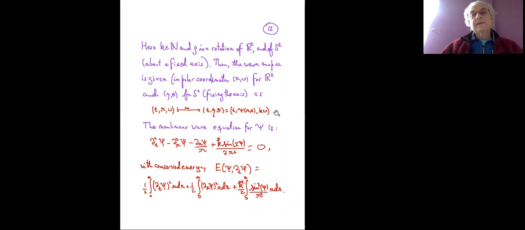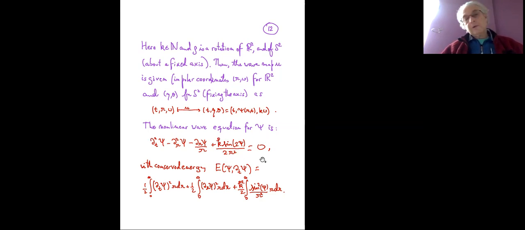Now you can then derive the corresponding wave equation for psi, and this is the following nonlinear wave equation. Second derivative in t of psi minus second derivative of psi in r minus first derivative over r of psi plus the nonlinear term, where k is the degree of times you go around, k squared sine of 2 psi divided by 2r squared, equals 0.